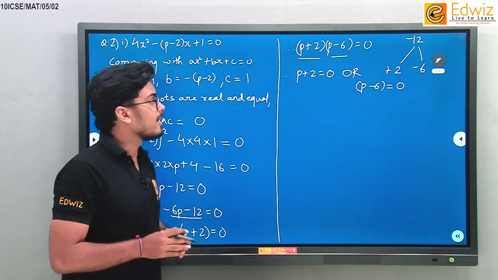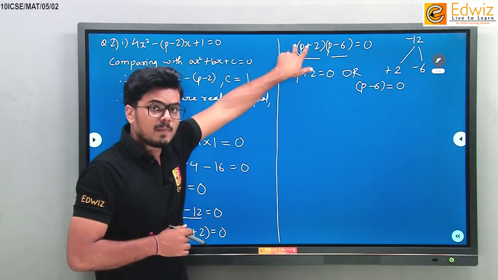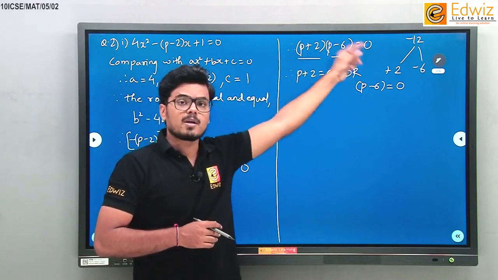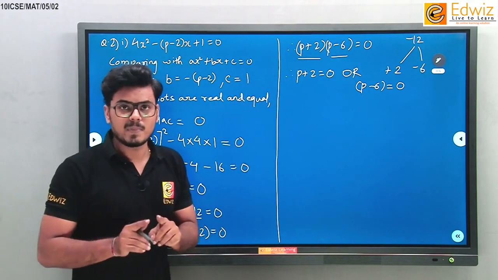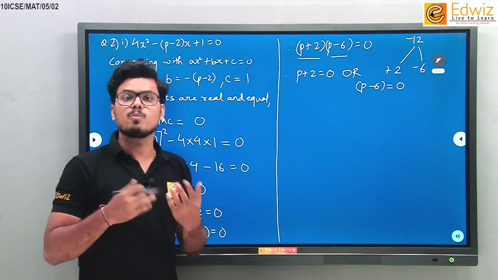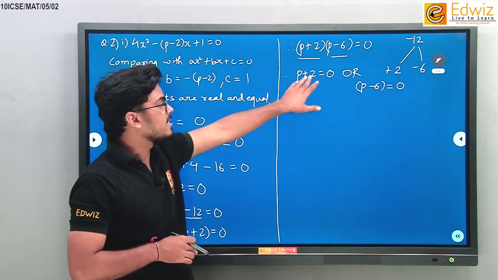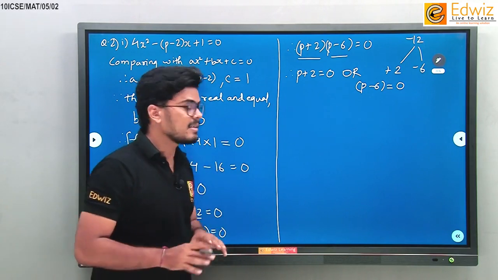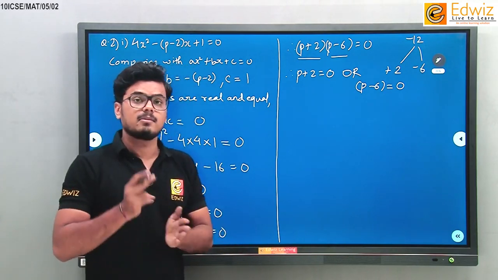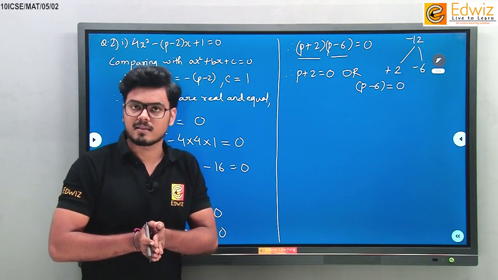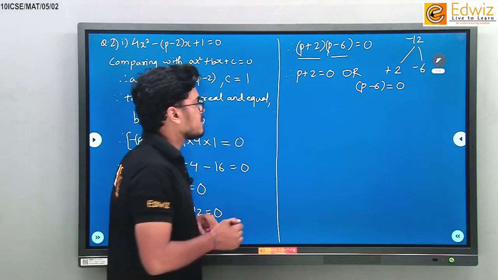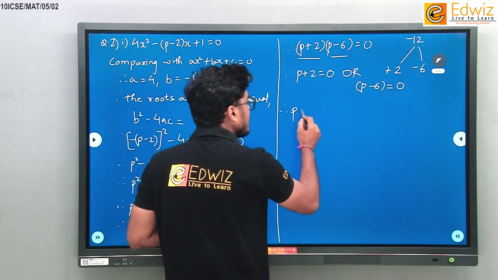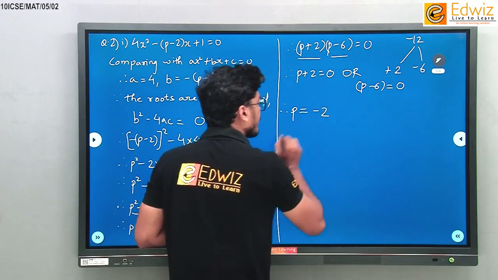This particular rule is called the zero product rule. Okay, what is the zero product rule? That if two numbers are multiplied and their product is 0, that means one of the two numbers has to be 0, or both can also be 0. That's why I have written this equal to 0 or this equal to 0. And this is the reason, friends, that we get two solutions for any quadratic equation. Okay? The first solution here is p equal to minus 2, correct?